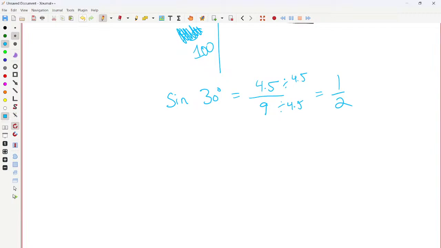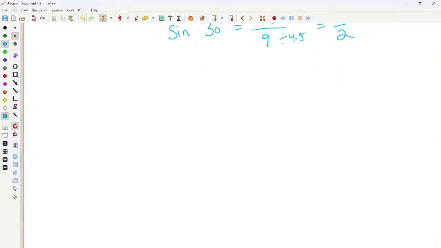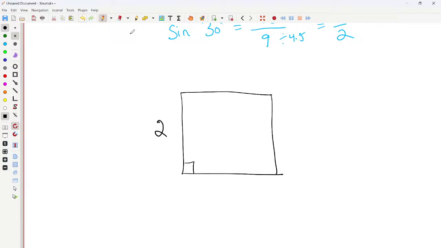Now, the rest of those, I wish I had a story for everything. Turns out I have a story for this guy. I'm going to go with 2. You could use 9. I'm going to go with 2. What shape is this? I'm going to draw in this diagonal. No calculator needed.